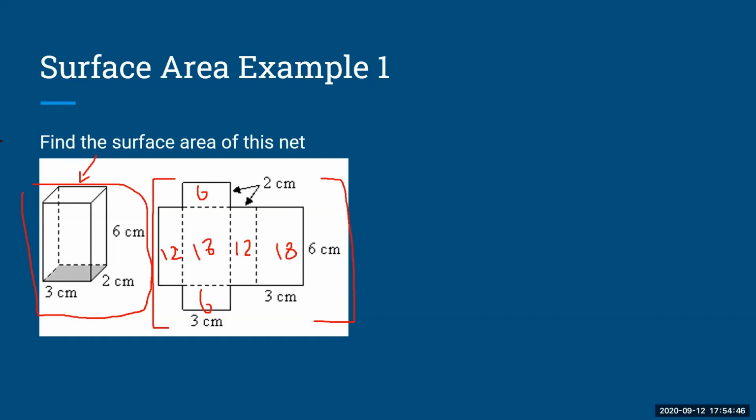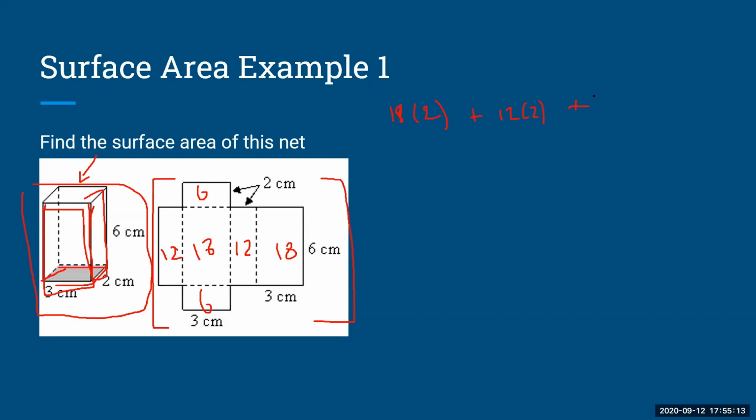Yeah, I got 72. Because it's 6 times 3, so you get one rectangle. 6 times 3, this little rectangle over here, the front side. And it'd be 6 times 3 twice, because there's 2 of them. Then you want the rectangle on the right side, 6 times 2, so plus 12. And since there's 2 of them, you multiply it by 2, and then plus the top and bottom.